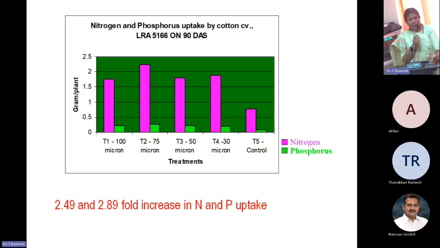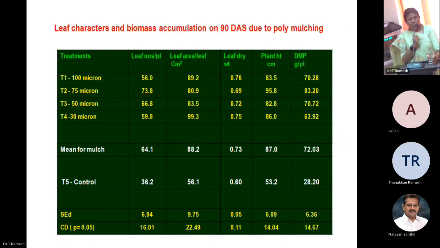So for nutrient uptake also, we got 2.49 to 2.89 fold enhancement with the mulch cotton. Like the root characters, we can see all the partitioning into above-ground foliage also: leaf numbers, leaf dry weight, height, dry matter, all show manifold enhancement under polyethylene mulching.